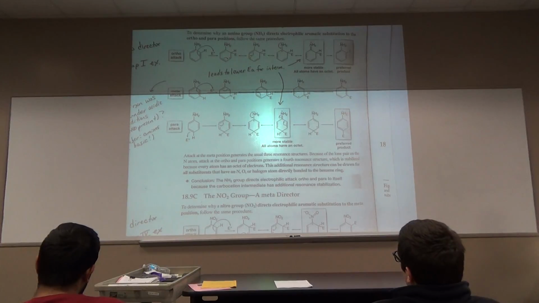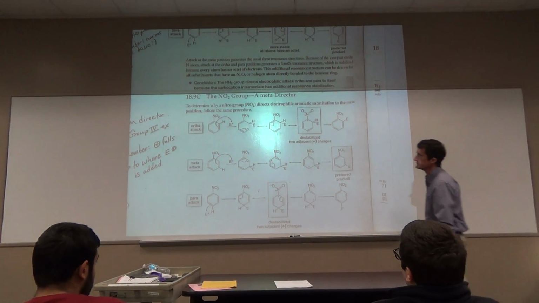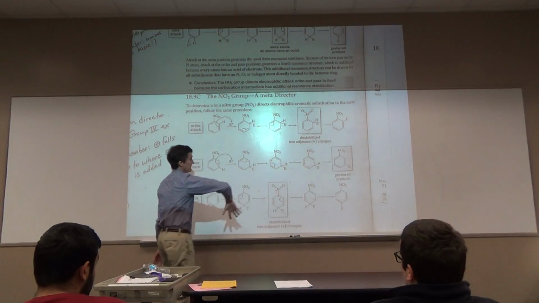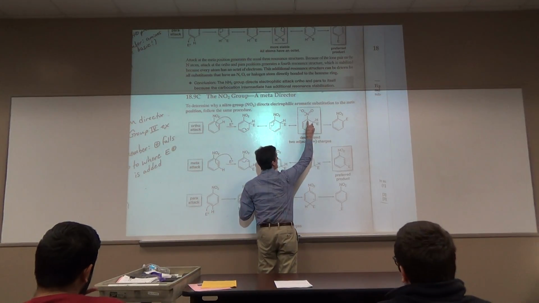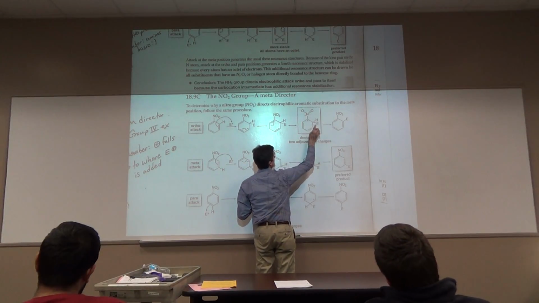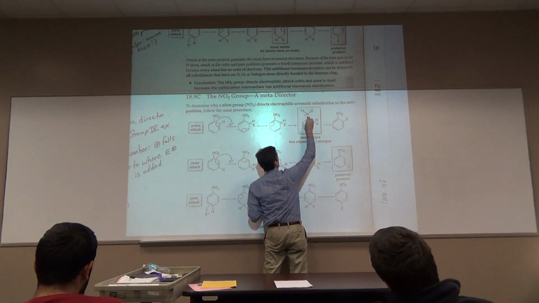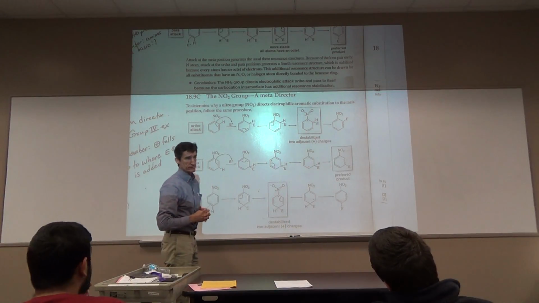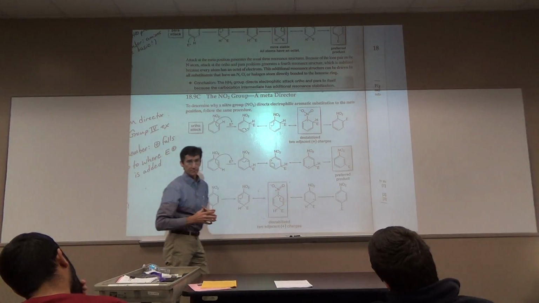At the same time, if we look at something like a group 4, like a nitro or a carbonyl, same exact structures. Here we got the plus next to the group. But in this case, this is bad, because you got a plus right next to a positive nitrogen. You're forming a plus right next to an electron poor atom.